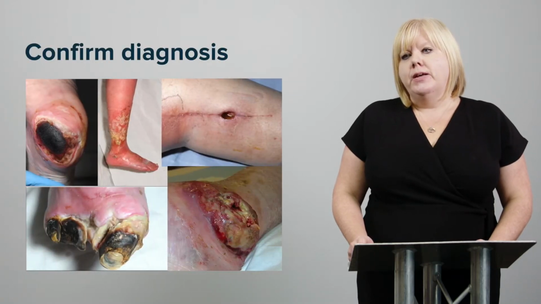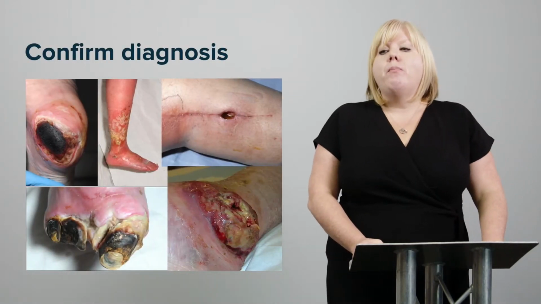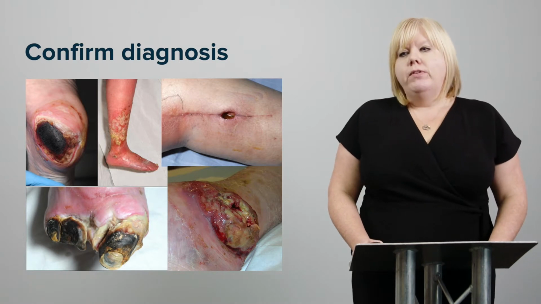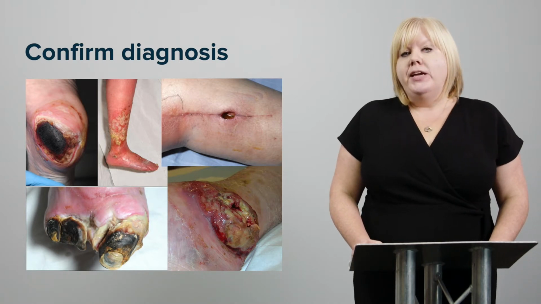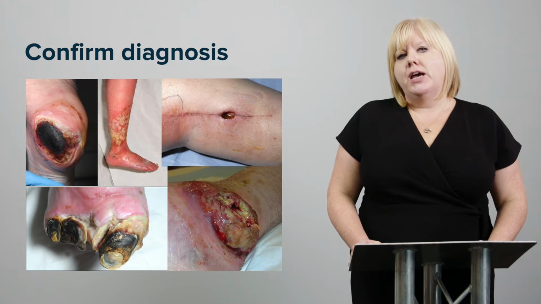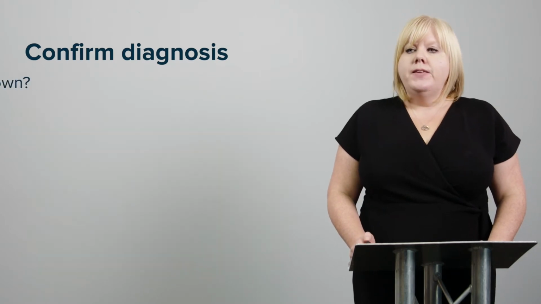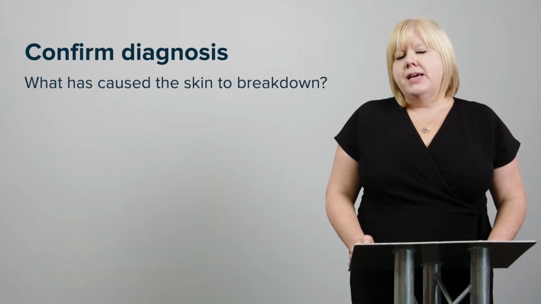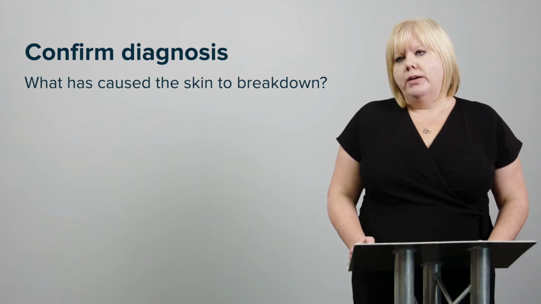So I want you to think, when you are seeing a patient with a lower limb wound, what has caused that breakdown in their skin? Because there are many reasons why that breakdown occurs. And we really need to be labelling our patients in terms of that accurate diagnosis. This is essential as the diagnosis is linked to evidence-based treatment pathways.